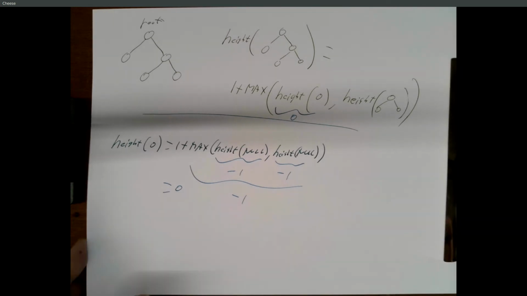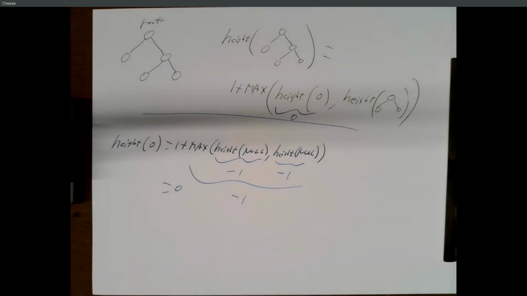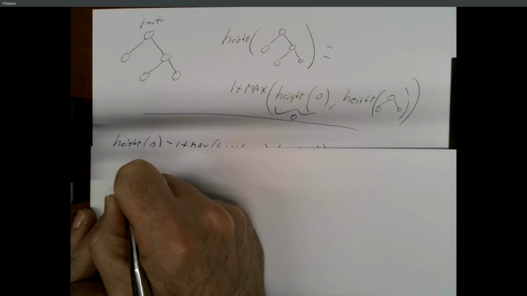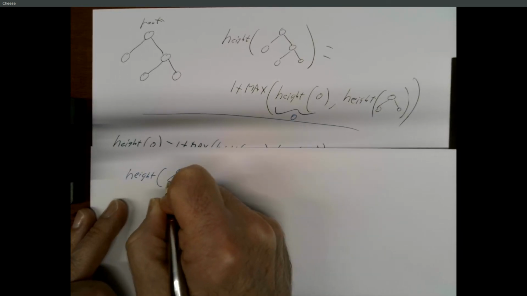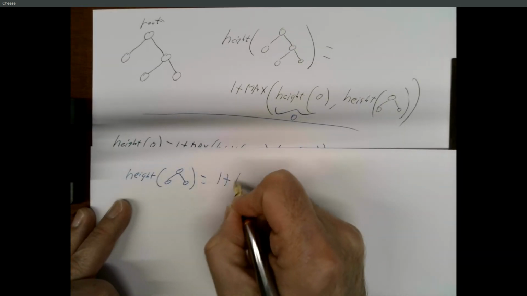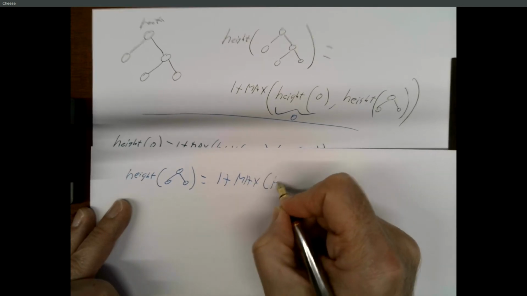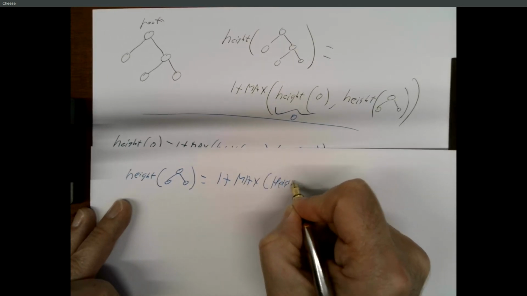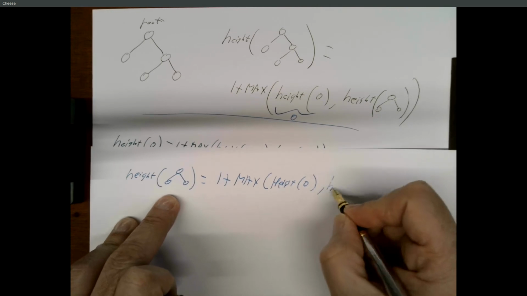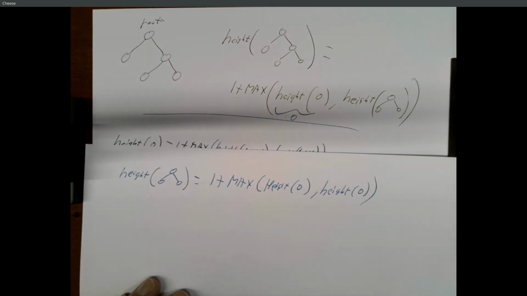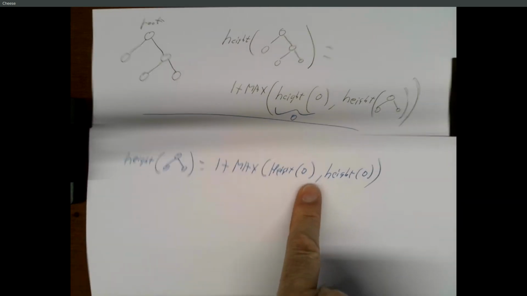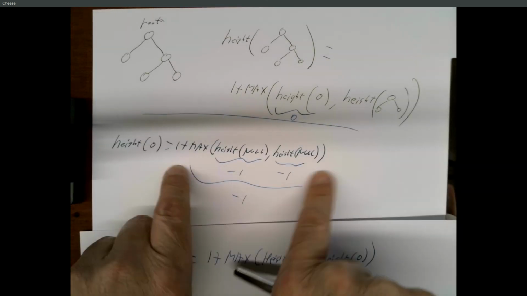So let's run down the second argument. Let's find the height of this tree. That's 1 plus the maximum of the height of the left subtree and the height of the right subtree. And to find the height of the left subtree, we'll go through all of this stuff again.